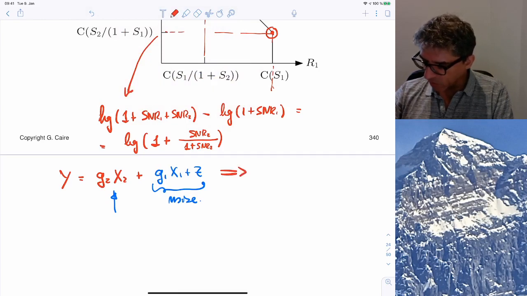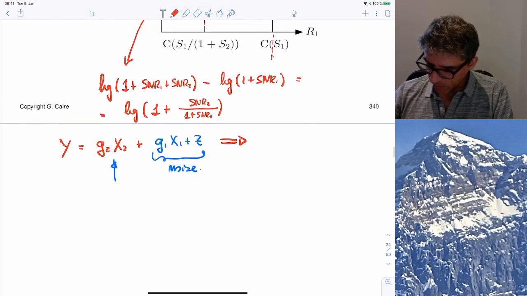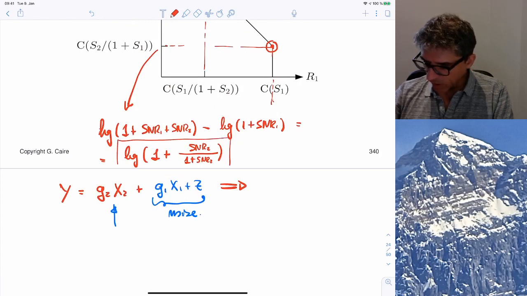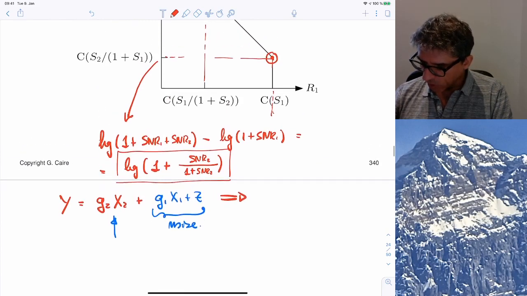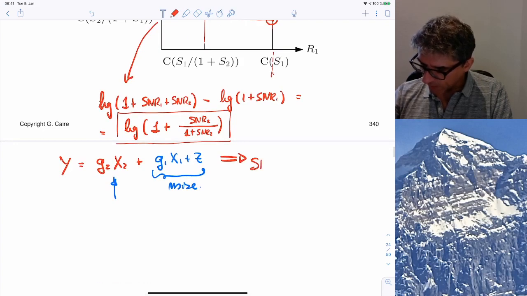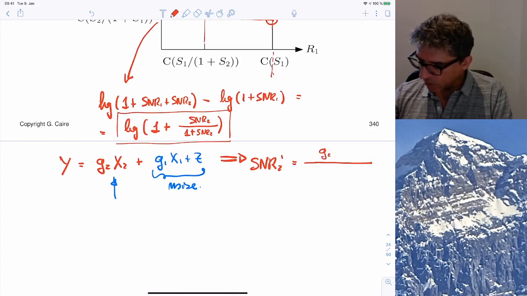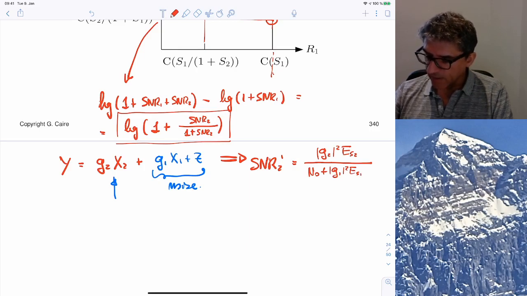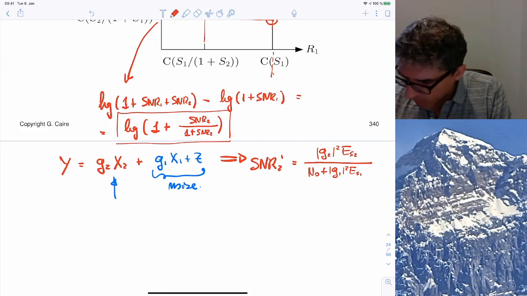The capacity of this will be exactly this one. Because the new SNR for this channel, let's call it SNR2 prime, by treating interference as noise, is going to be G2 square ES2 over N0 plus G1 square ES1. And if you divide everything by N0, you see that you have exactly SNR2 divided by 1 plus SNR1.